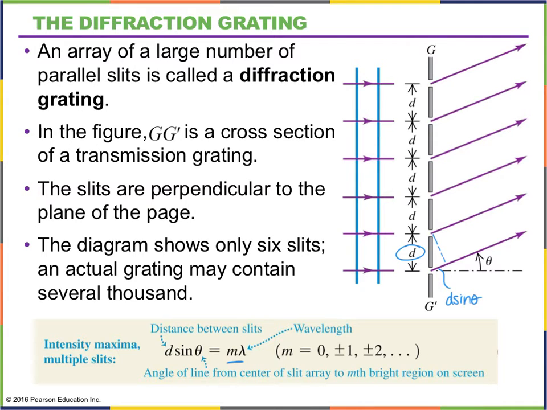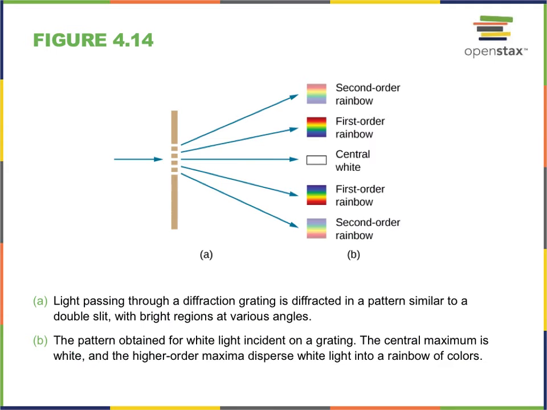What I mentioned in class is that we can have d sine theta equal to m lambda. You can get different angles of constructive interference for different wavelengths.